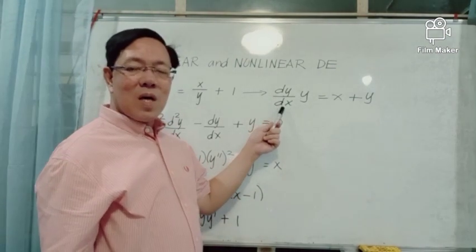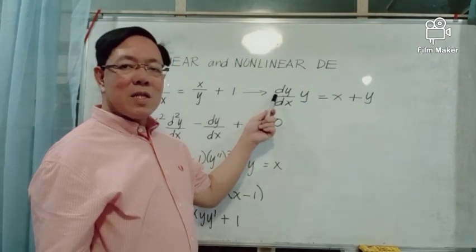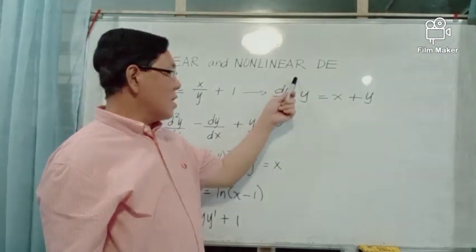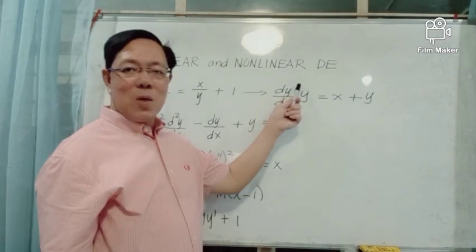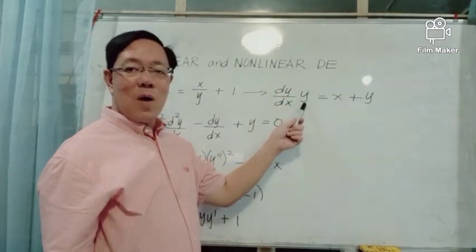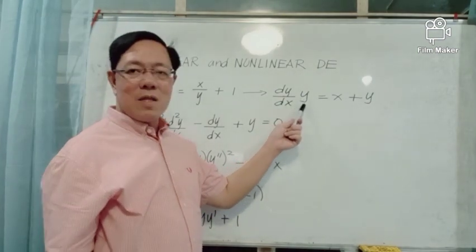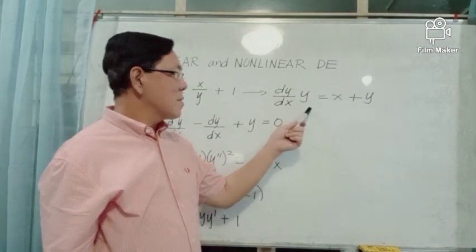At the left-hand side, we have the first derivative of y, dy/dx, with an exponent of 1, and we have y as one of the factors, and the power of y is 1.